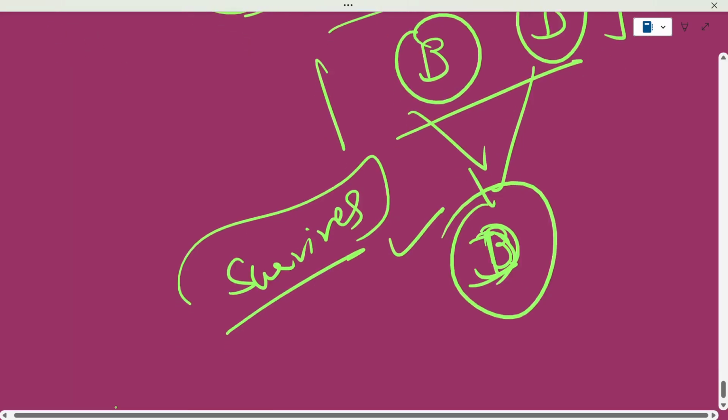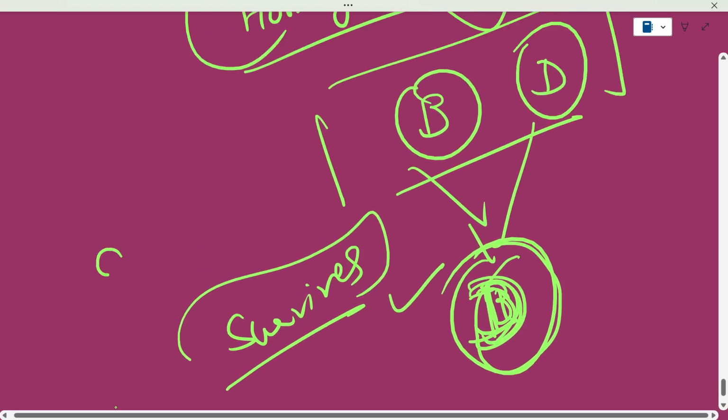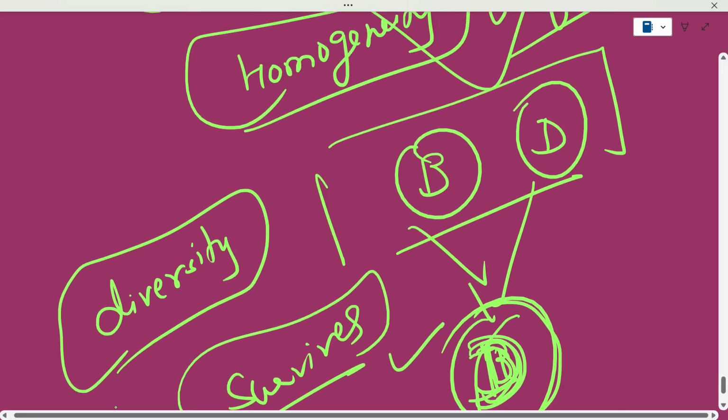So if variations are eliminated, the population will be devoid of the diversity that is inherent in the multitude of life forms, because it is the diversity that helps in the propagation of life.